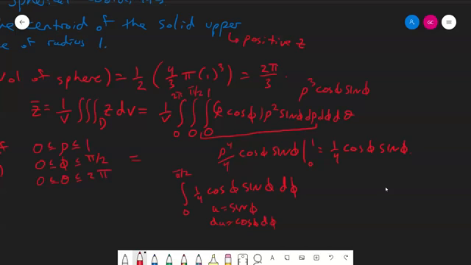And so that would make this the integral of 1/4 of u du, which will be 1/8 of u squared. So you get 1/8 of sine squared phi from 0 to pi over 2. And that's just 1/8. Okay, so that takes care now of the second integral.